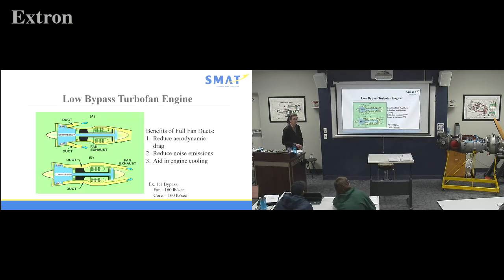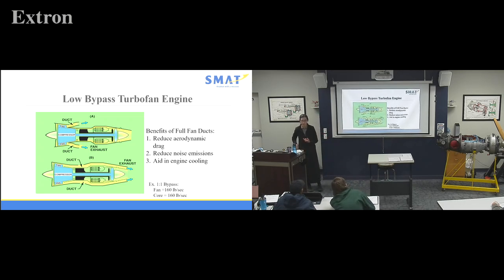So, an example of a low bypass, and again, that's a 1-to-1 ratio, so equal parts bypassing as is going through the core. You can have it ducted off, or you can run this fan air along the engine. If you have a full fan duct, which means it goes along the core of the engine, that reduces aerodynamic drag because you don't have the fan portion duct stopping right here.